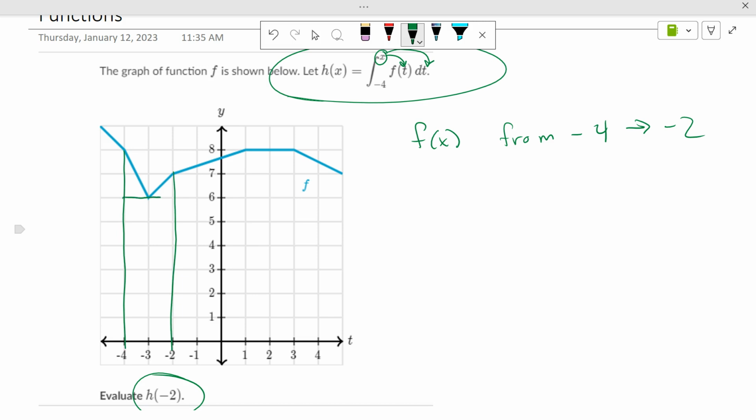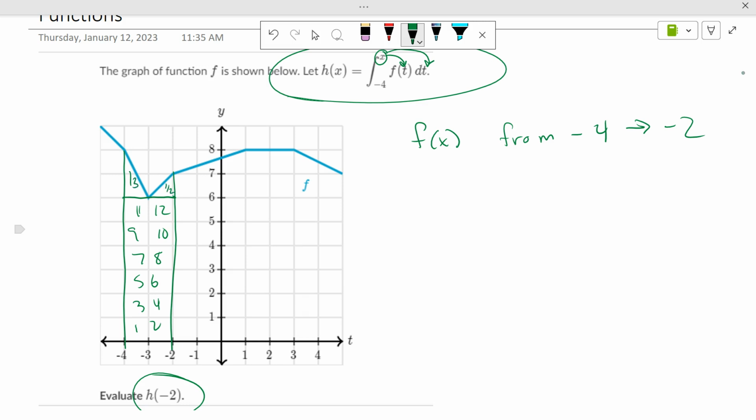Well, it's really easy to figure out this much area because there's 1, 2, 3, 4, 5, 6, 7, 8, 9, 10, 11, 12 squares there. So the area is 12. Here, it's 1 wide by 2 tall, and it's a triangle, so it's 1/2 the base times the height. 1/2 of 1 times 2 is 1. And here, another triangle, 1/2 the base times the height is 1/2.